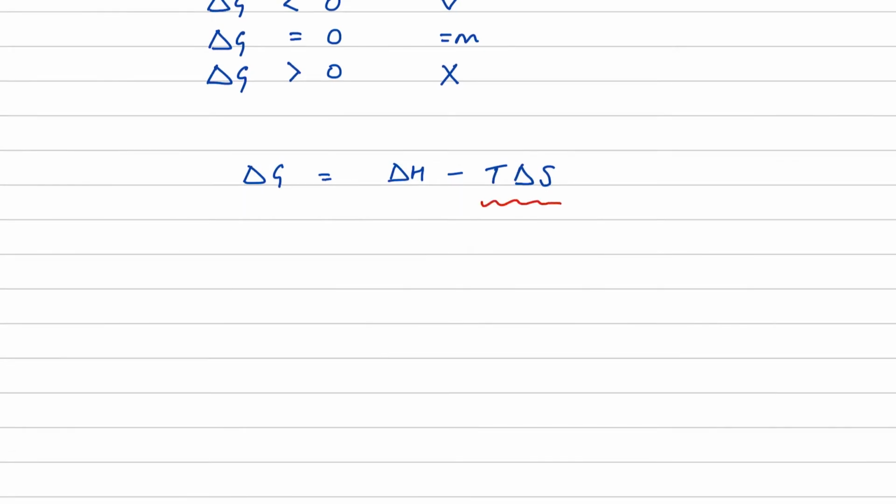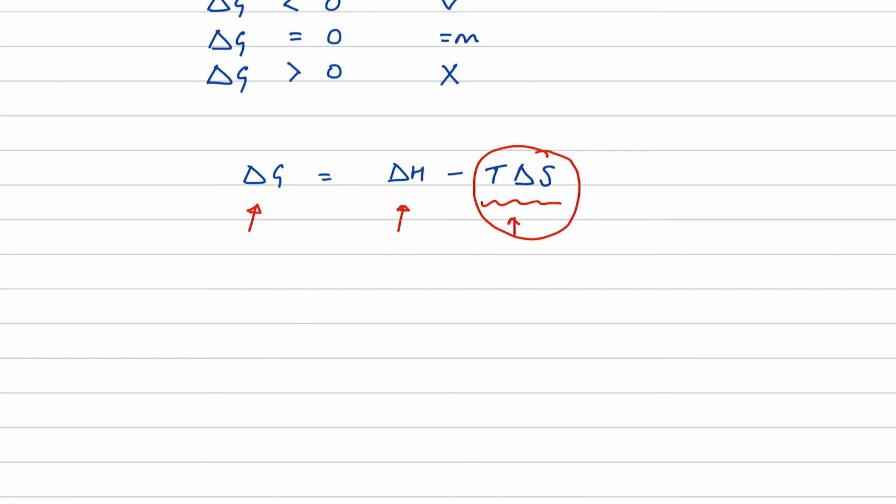At low temperatures, this component here is going to be of very little significance to the overall change in Gibbs free energy, because we are multiplying the entropy change by the temperature. So if temperature is small, this whole component is also going to be very, very small. So at low temperatures, our Gibbs free energy change depends mainly on the enthalpy change of the reaction.